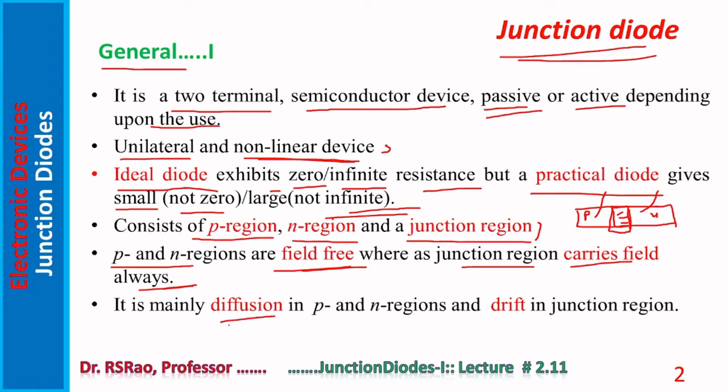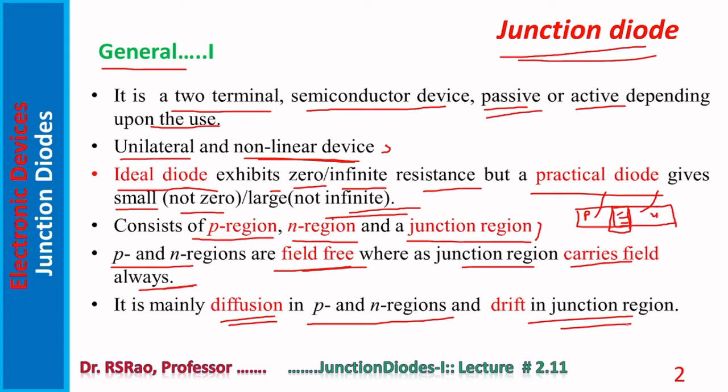It is mainly diffusion phenomena in P and N regions, and it is drift phenomena in junction region. What is diffusion phenomena? Carriers, current carriers, like electrons, holes, if they move due to the existence of concentration gradient, then that process is called diffusion process.